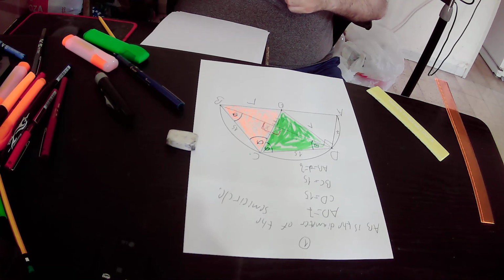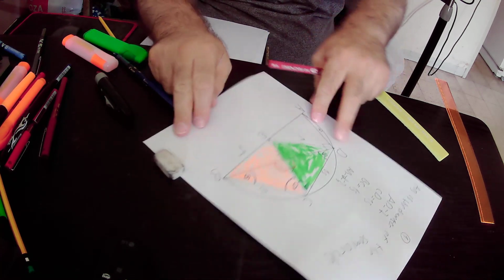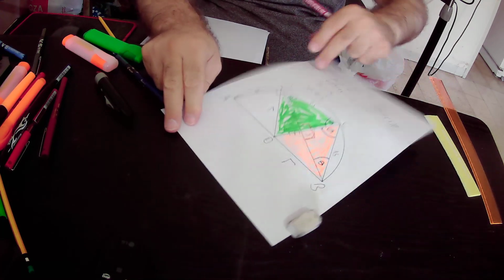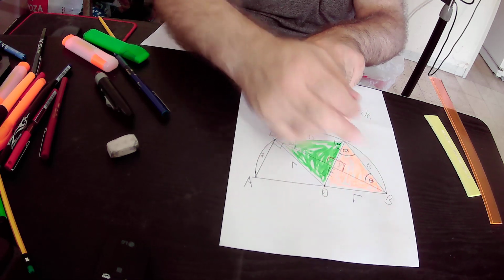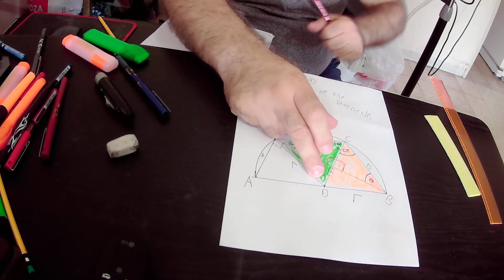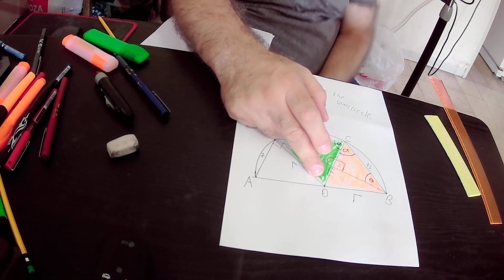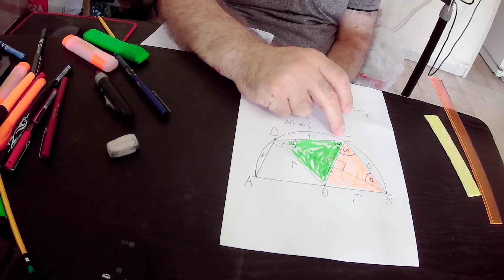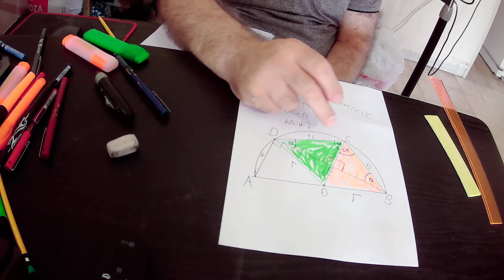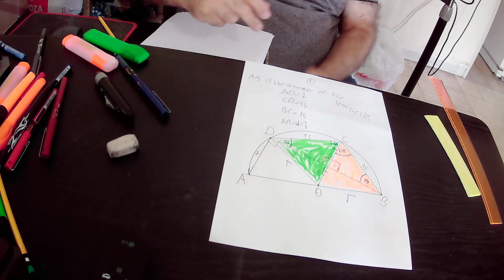Now we know also that OC is the radius of this semicircle, because it starts from the center of the semicircle, that is to say from point E, and ends at point C, that is a point on the circle itself. Therefore OC is the radius of the semicircle.